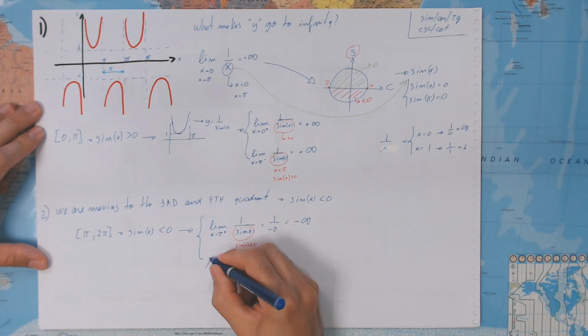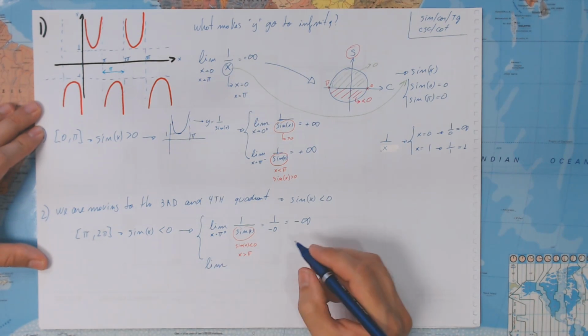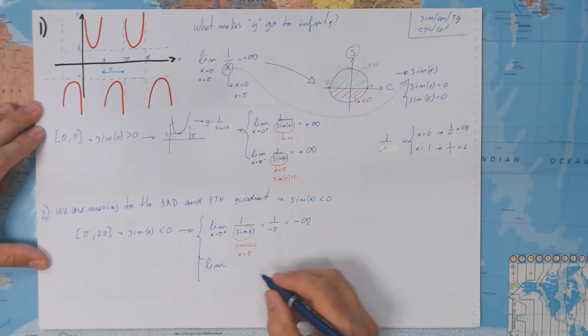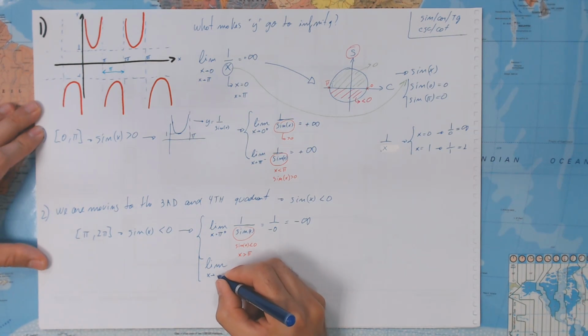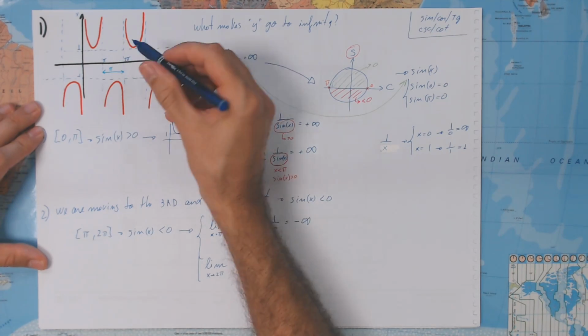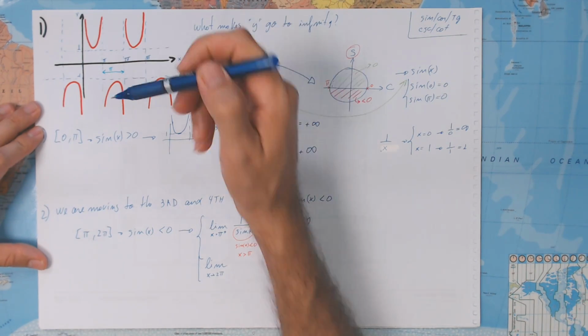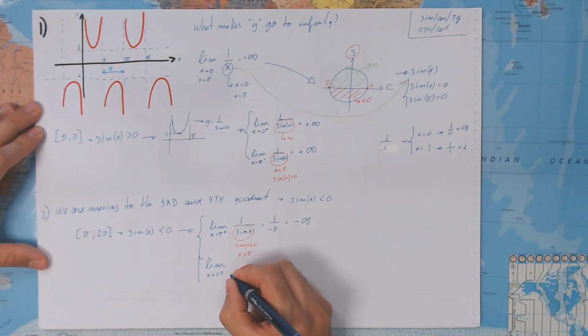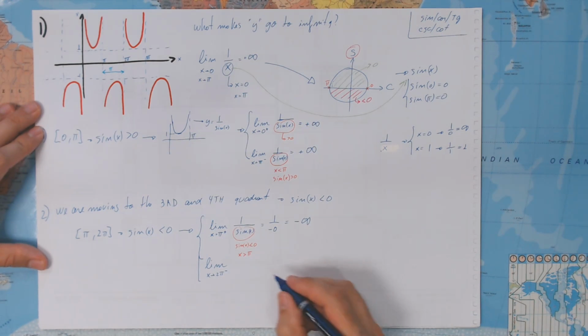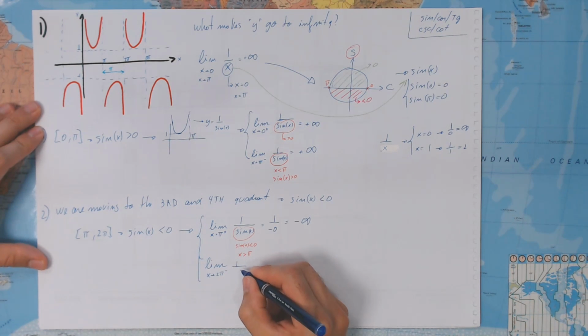And now let's see the limit when x goes to 2 pi, but now we are going from the left, okay? We are in here. It's not yet 2 pi, it's almost 2 pi. Now from the left, it is going to be 1 over the sine of x.